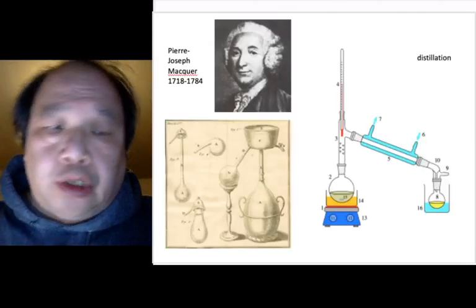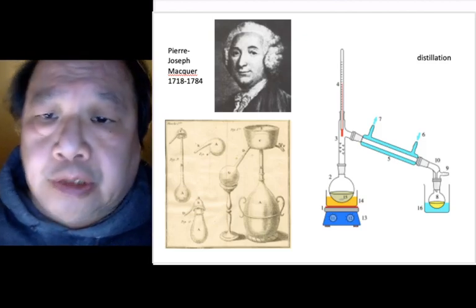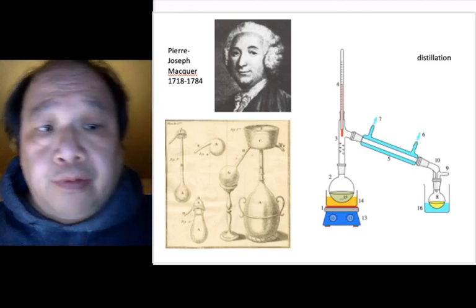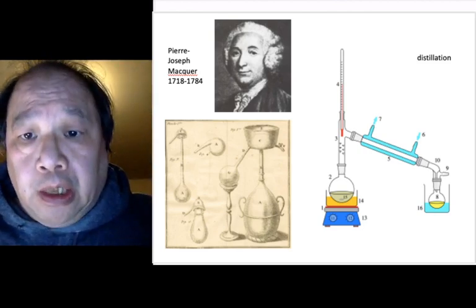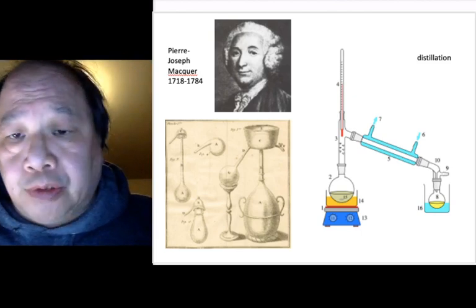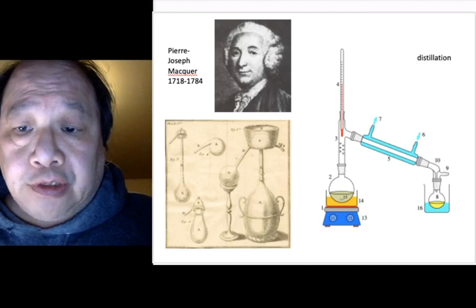When I turned to look at the work of this gentleman whose name is Macquer, Pierre Joseph Macquer, from the mid 1700s, he was part of the revolution of chemistry, which took place in France, leading to the work of Lavoisier.